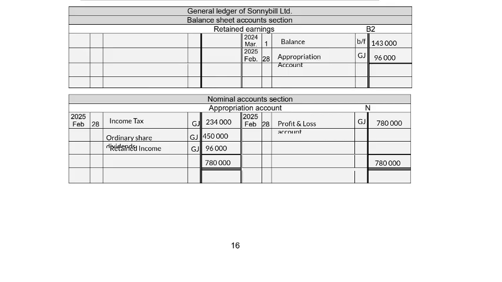To give a subtotal of 239,000. And this is how you would complete the retained earnings and appropriation accounts.